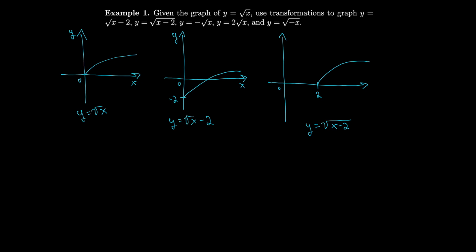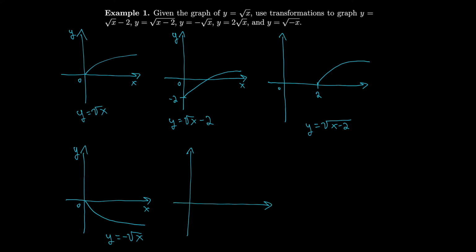Okay, let's do minus square root of x. So that flips it upside down about the x-axis. And let's take a look at 2 square root of x. That should make it grow twice as fast, so it gets a lot bigger, a lot faster.